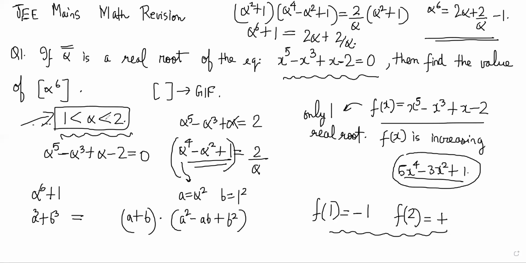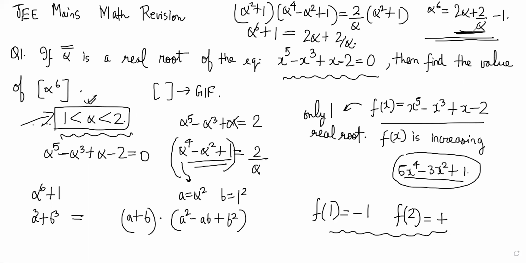So alpha is positive. Using AM-GM, this is greater than or equal to 2 times root 4, so 4, because 2 alpha and 2 by alpha are both positive since alpha is positive.